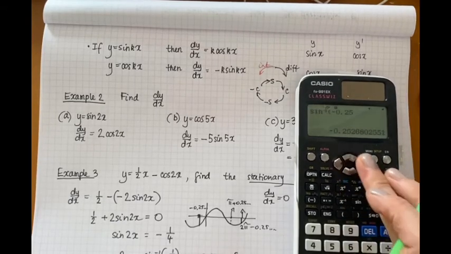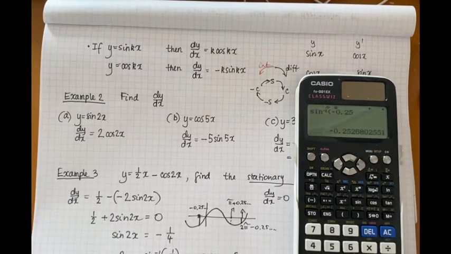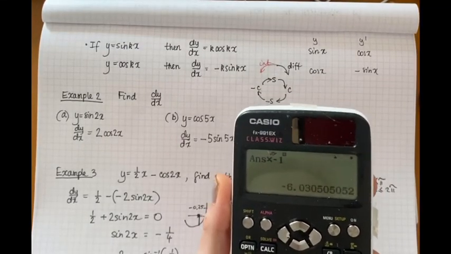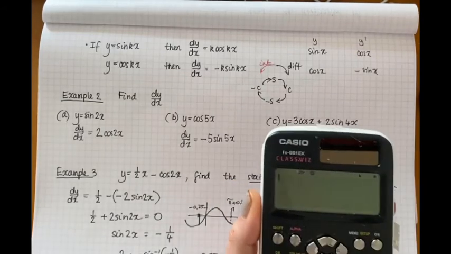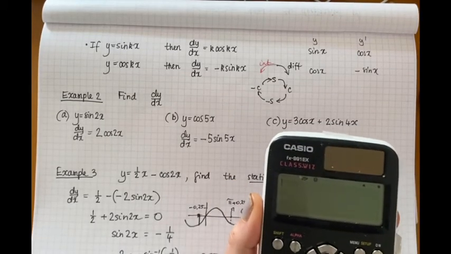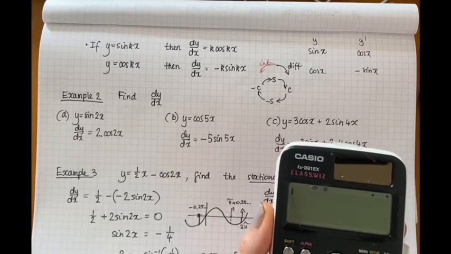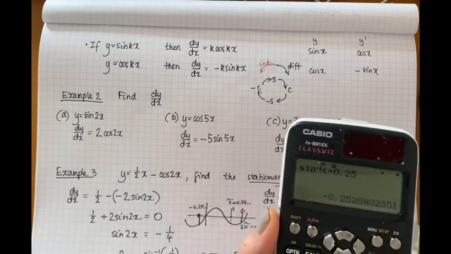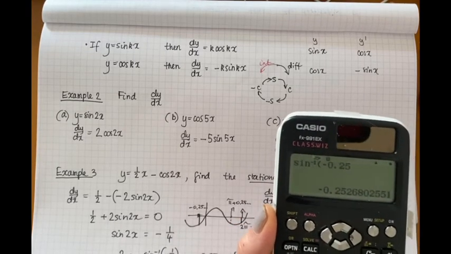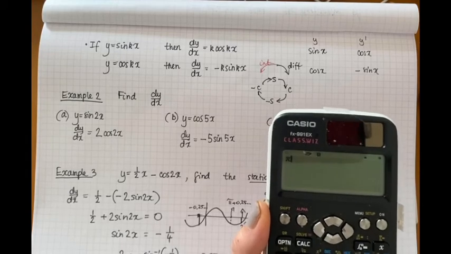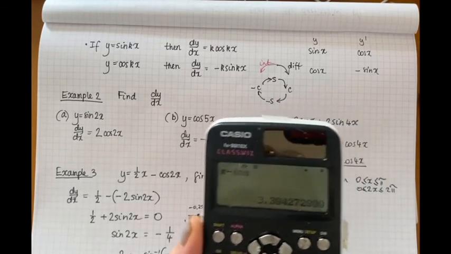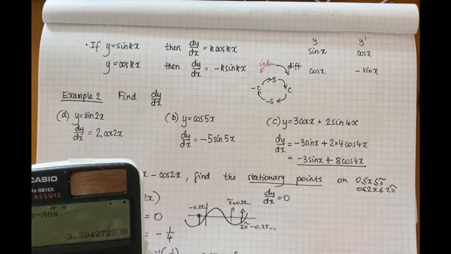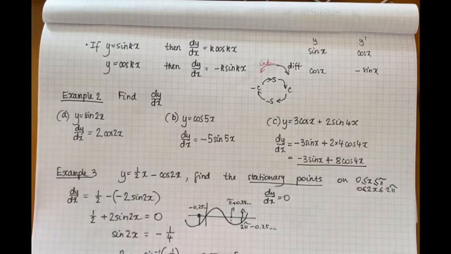And then the other one is pi minus answer, which is 3.394.